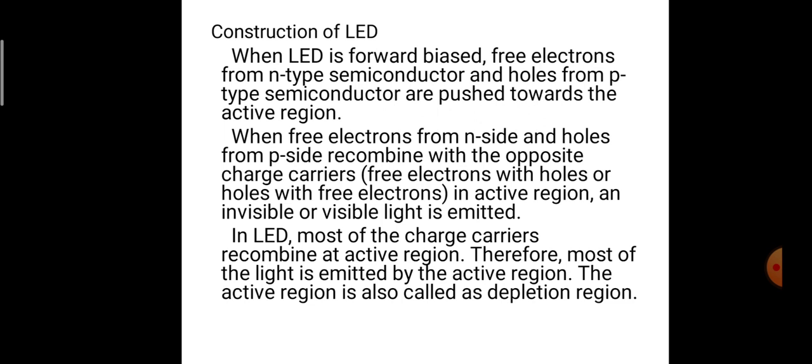In LED, most of the charge carriers recombine at active region. Therefore, most of the light is emitted by the active region. The active region is also called the depletion region.